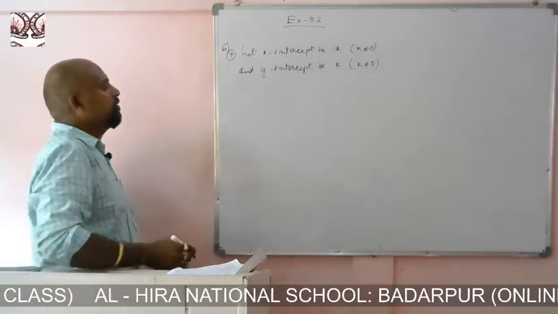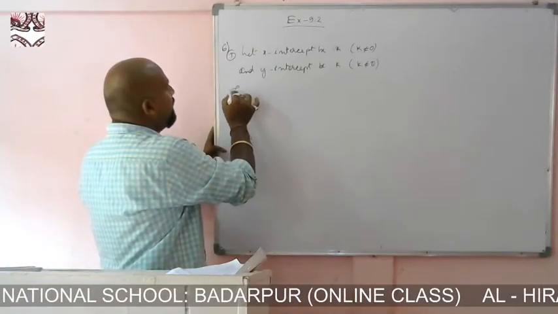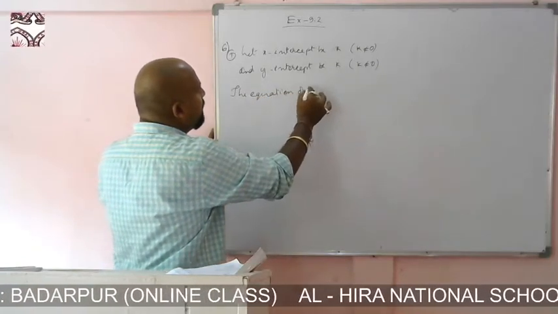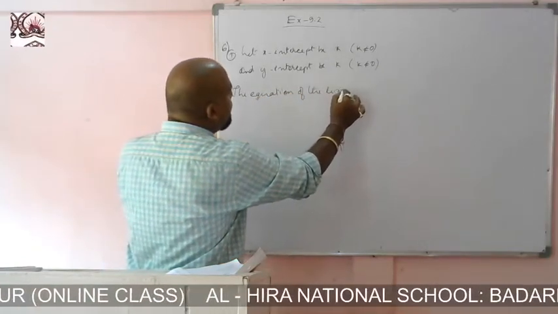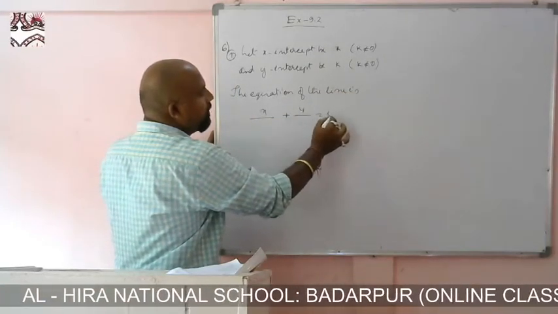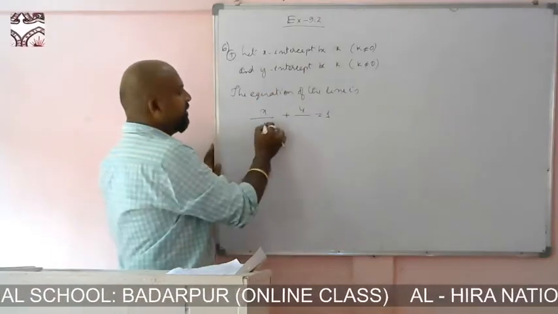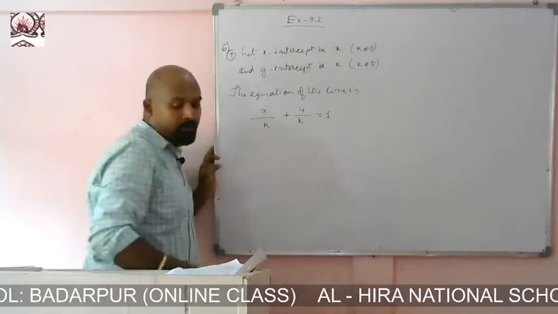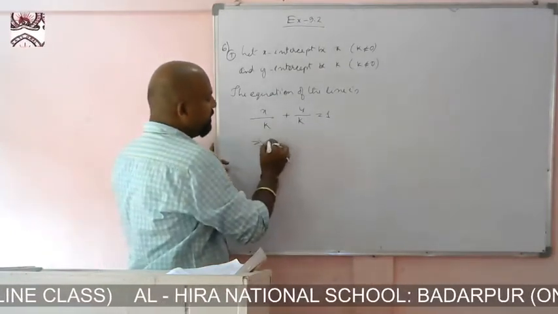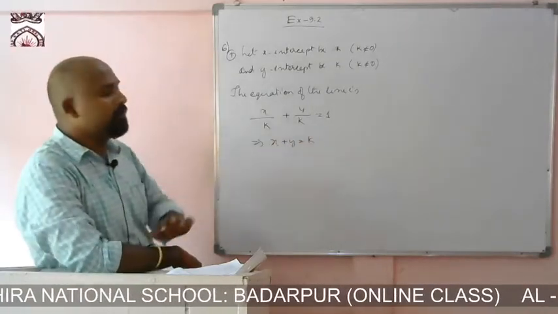Now the equation of the line, we know, is x by a plus y by b equal to 1. The x intercept is k and the y intercept is k. If I solve this equation, x plus y equal to k.